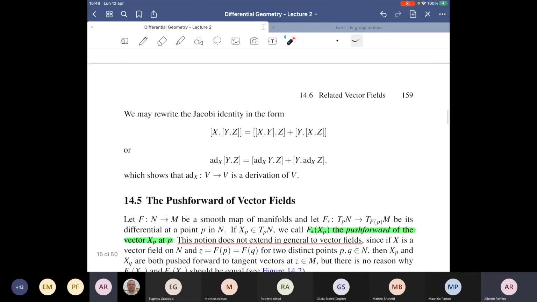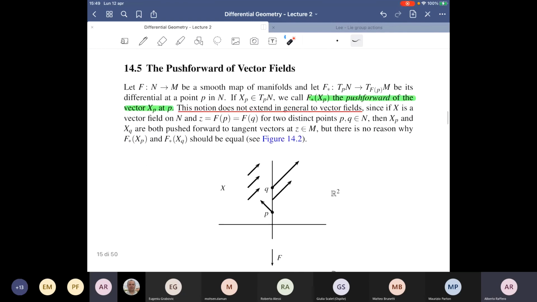Okay, so this concludes the first part on the algebras we are discussing today. And now we have arrived at the last part of this chapter, which deals with the push forward of vector fields.